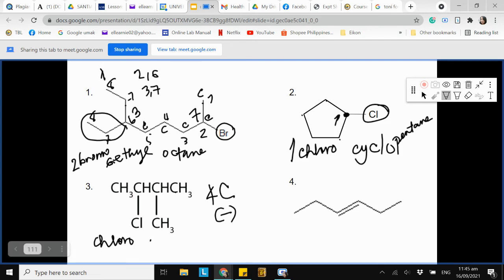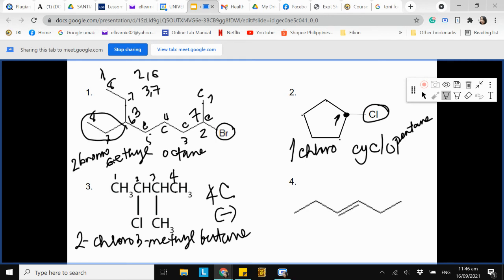Then, you have methyl. And then, 1, 2, 3, 4, butane. Okay, now, since alphabetical na rin tayo, then methyl. So, magsimula na tayo dito. 1, 2, 3, 4. So, this will become 2-chloro-3-methyl butane. Okay, so that's how you name that one.